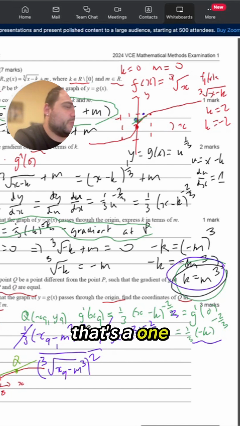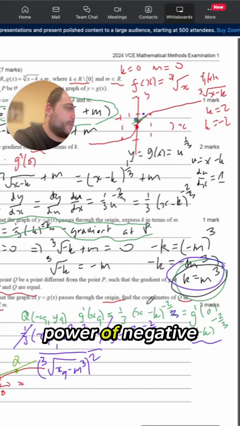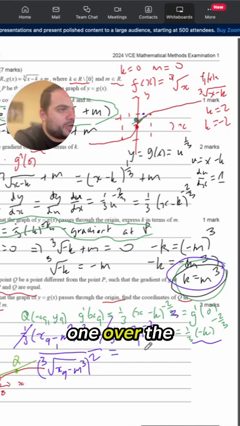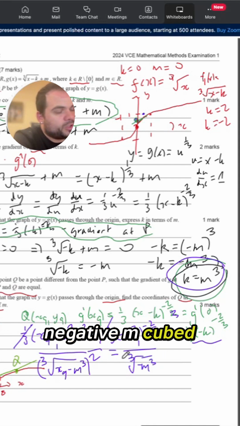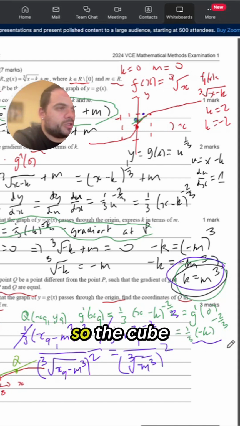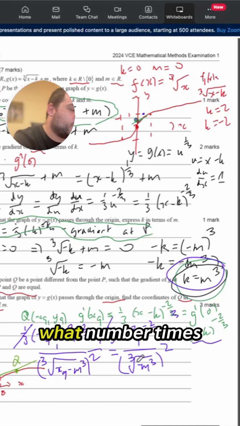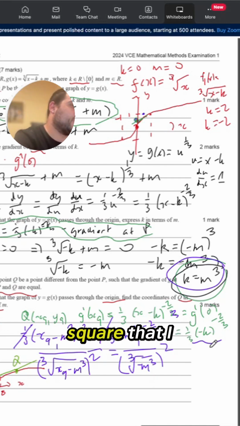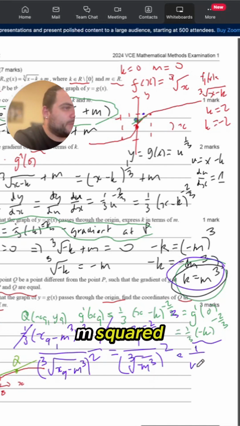That's one way of evaluating this. And on the other side, I'm going to get 1 over the cubed root of negative m cubed, squared. So the cube root of negative m cubed, what number times itself is equal to negative m cubed? Well, that's negative m. If I square that, I get 1 over m squared.